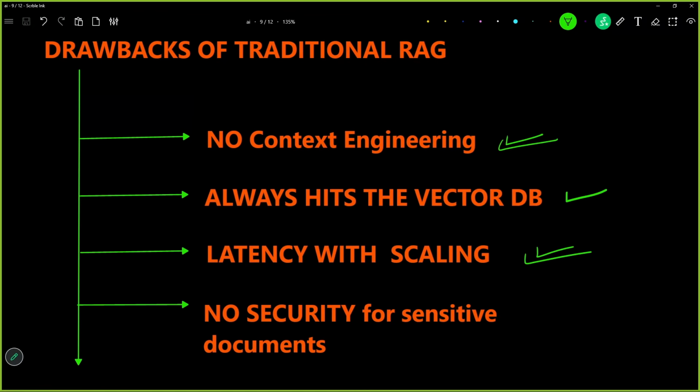When we are expanding the process, the response rate is getting slower. We are getting slower responses with high traffic of users or high information of data. Latency, we are achieving slow responses. And thirdly, no security for sensitive documents. All right, so these were the drawbacks of traditional RAG system.